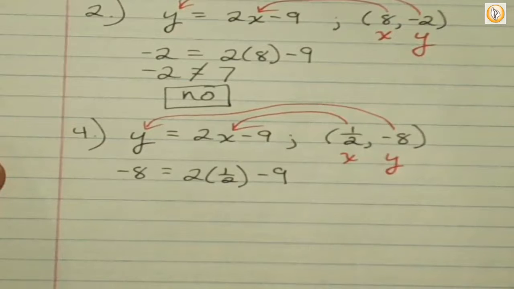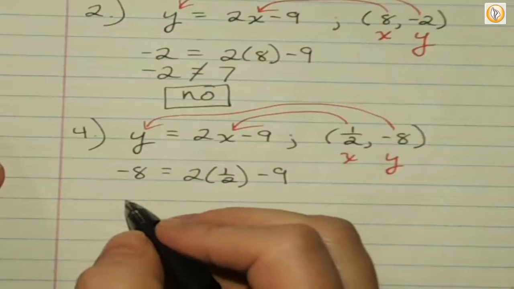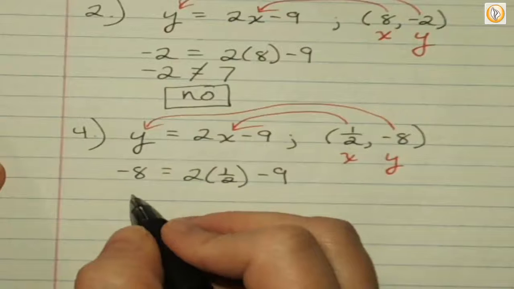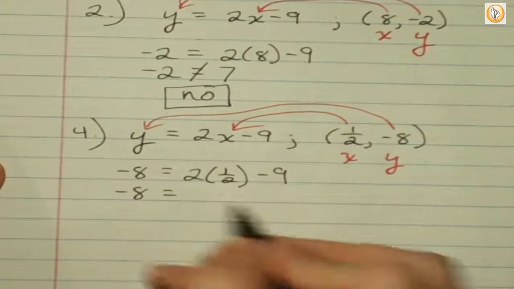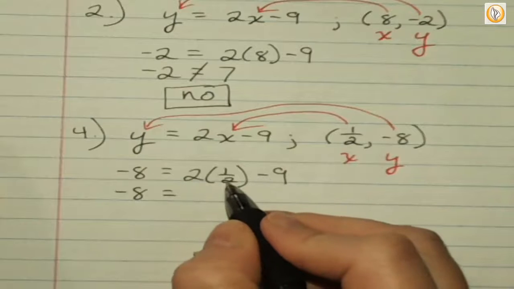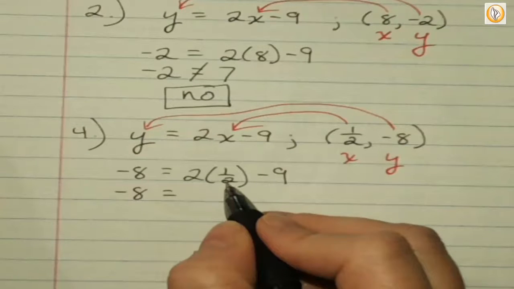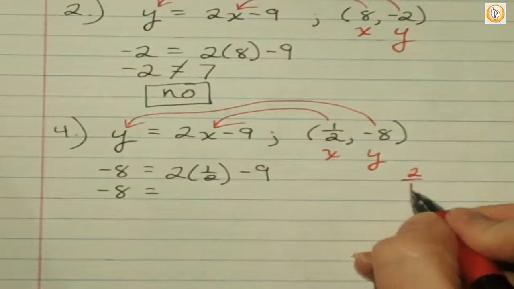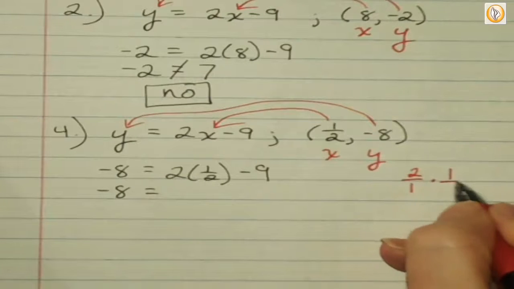So I'll let y'all write that. So negative 8 equals, Joseph, you want to do this? What's 2 times a half? Do it off to the side. 2 over 1 times 1 over 2.